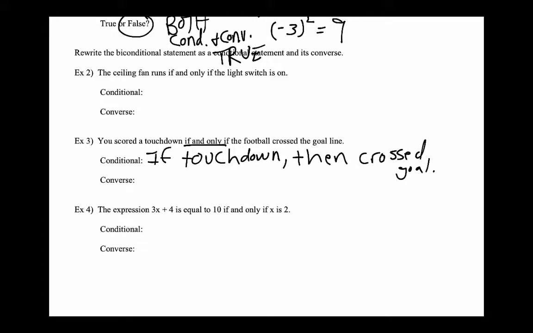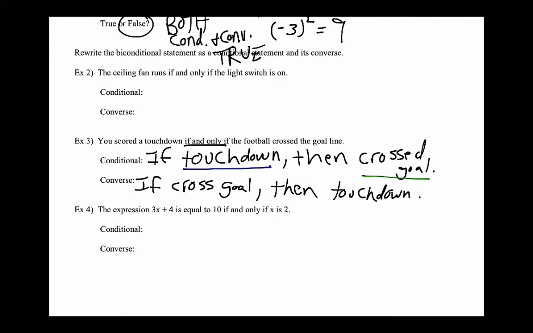Simple enough. Now to write the converse of that, I switch the hypothesis with the conclusion. Remember, the hypothesis is the part that follows the "if," and the conclusion is the part that follows the "then." So I'm going to switch those two things around. The converse would be, if the ball crosses the goal line, then that's a touchdown.